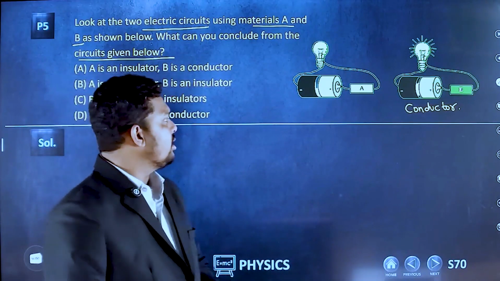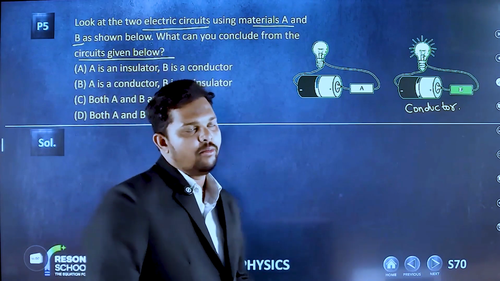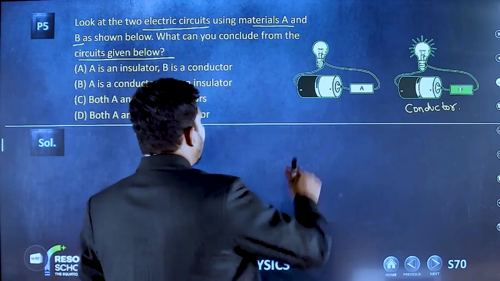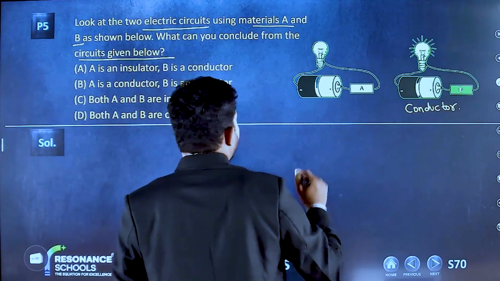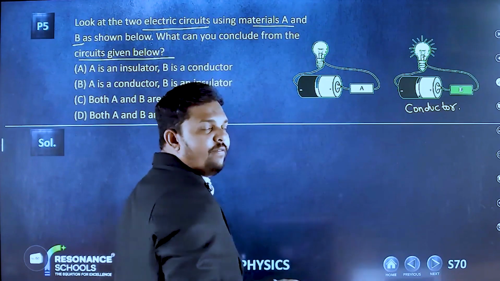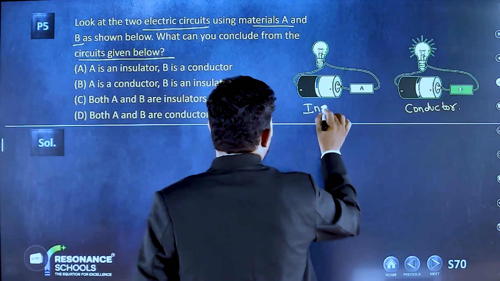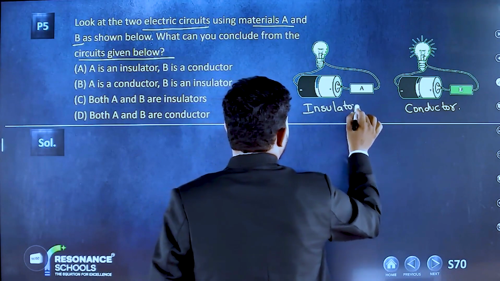Coming to the next case, first I will conclude this and then I will check your messages. Now here the bulb is not glowing at all. If there is no flow of current, then it is said to be what? Insulator.